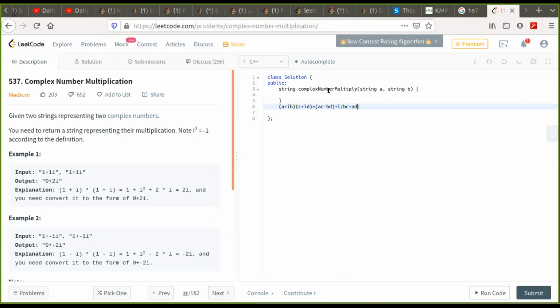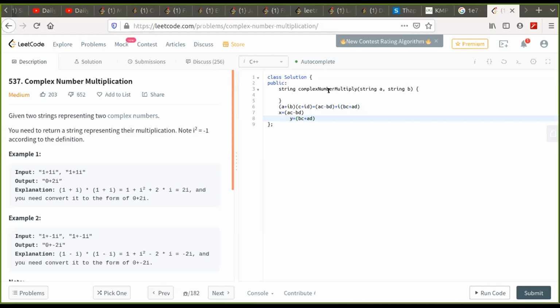Basically the task at hand is to convert at first, we need to figure out the a, the b, the c, and the d, and then convert it into the integer from string in a specific language. After that, we could calculate x is equal to ac minus bd, and y is equal to bc plus ad.